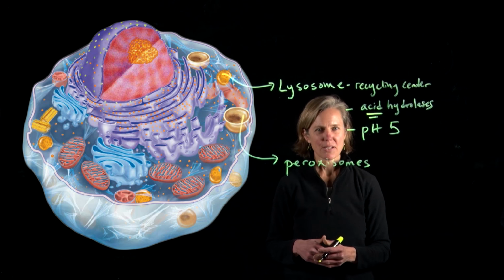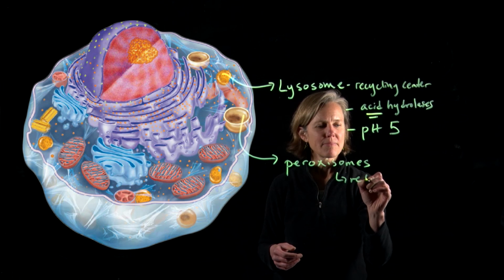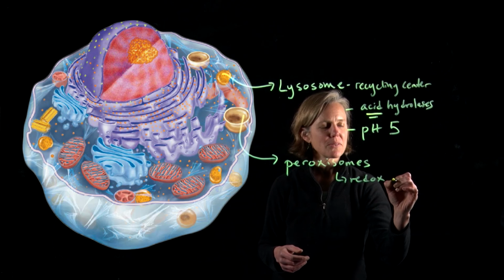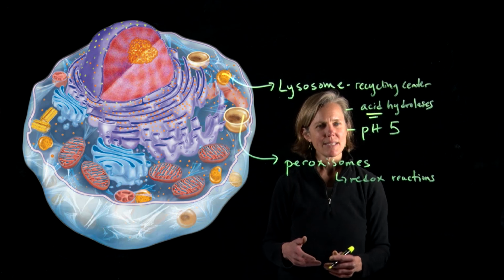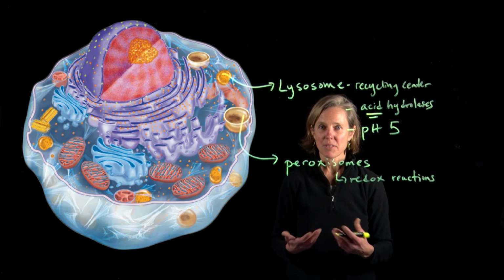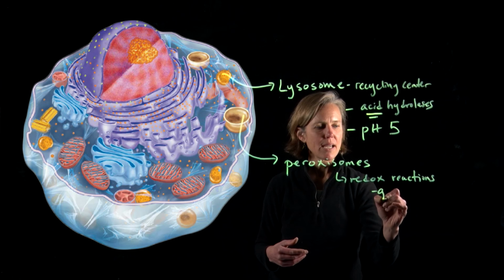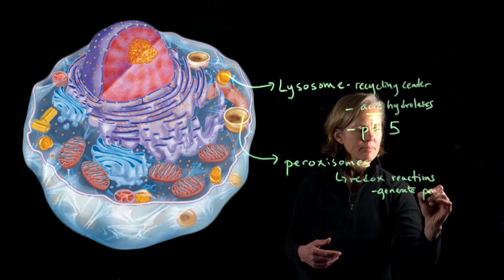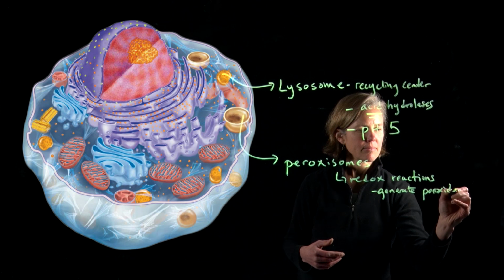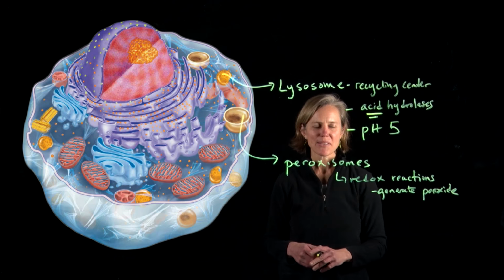The peroxisomes are involved in redox reactions, and we'll talk a lot more about those in class. Okay. And some of those redox reactions that are involved in breaking down molecules generate peroxide. Okay. And that's why this organelle is referred to as the peroxisome.